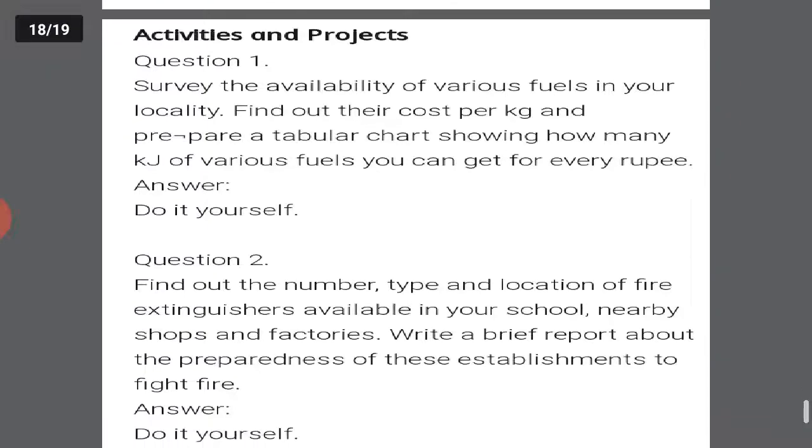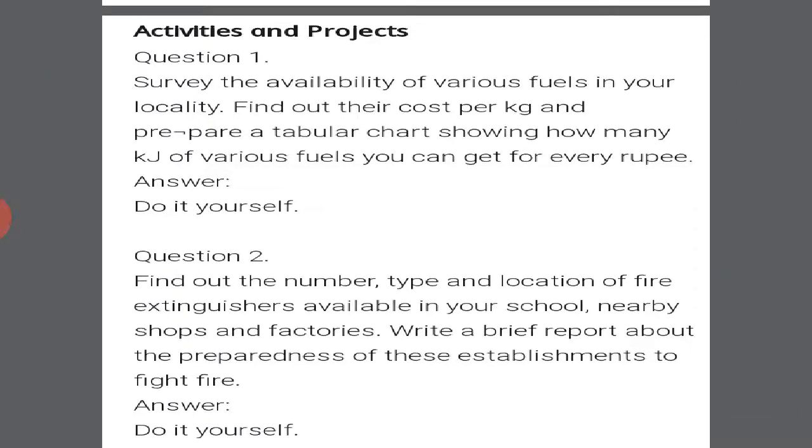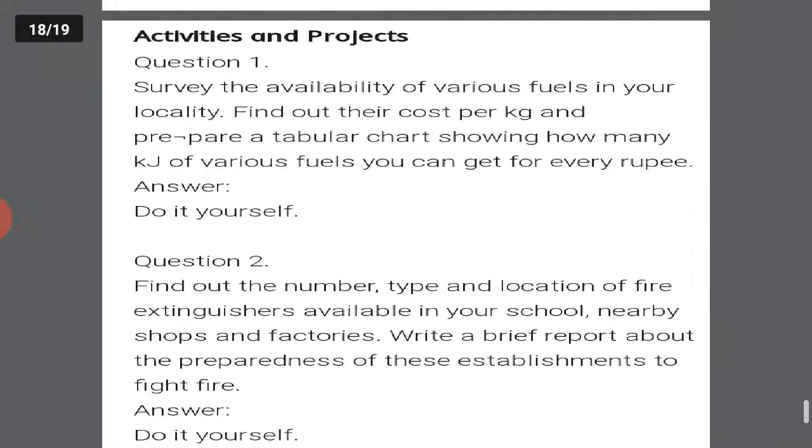Dear students, you can do this activity at your home, especially on Sunday, when you will get sufficient time. You can do a survey of the availability of various fuels in your locality, find out their cost per kilogram, and present in a tabular form or chart how many kilojoules various fuels give you for every rupee.